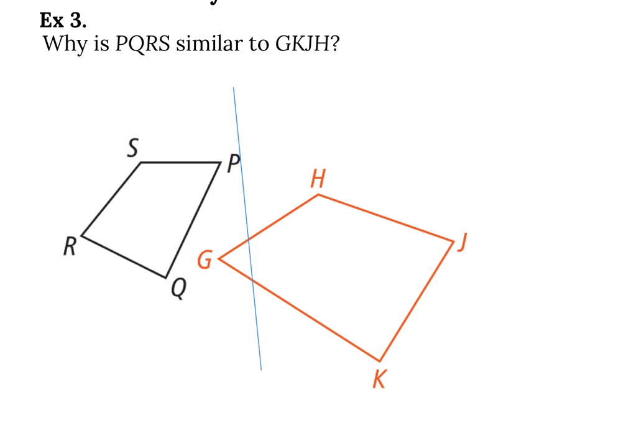So there's our line. I'm going to label that M. So now I want to reflect my image across. So my P prime.